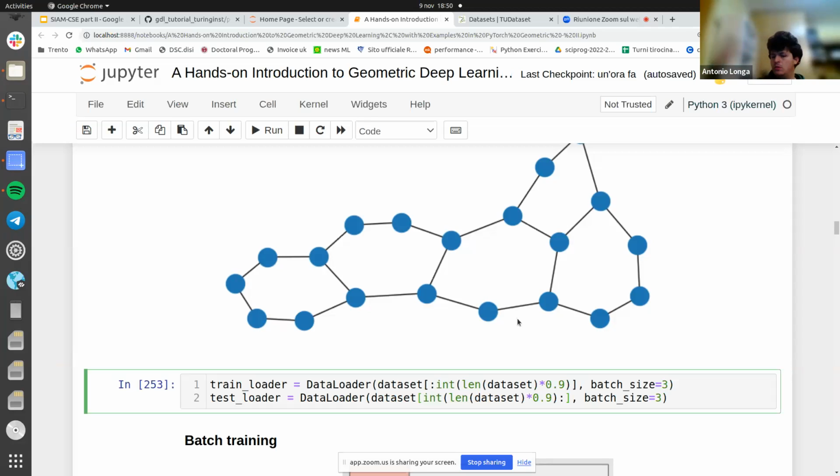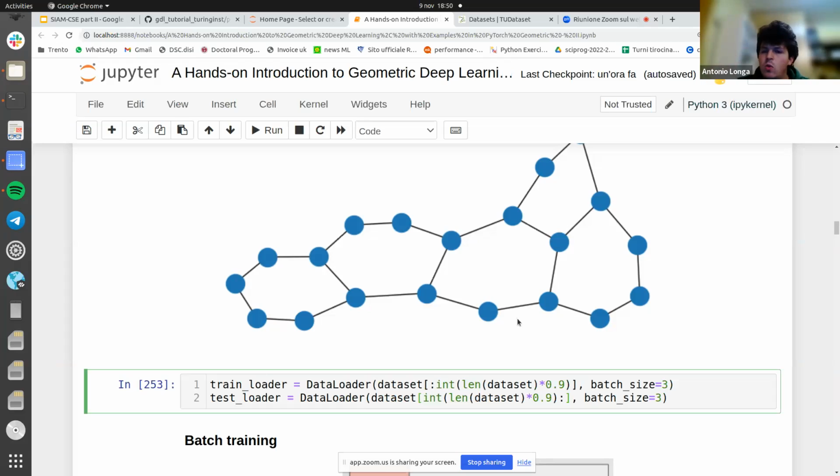Suppose we set the batch size to 3. We send 3 graphs to the network instead of one. The graph neural network takes those 3 graphs as input and computes the predictions for them.